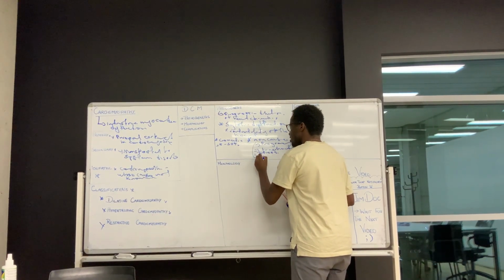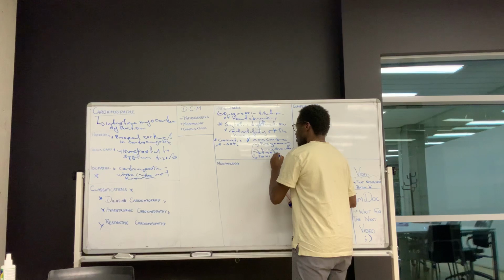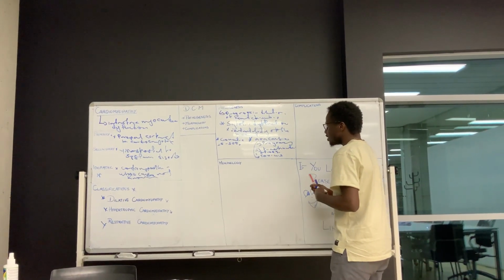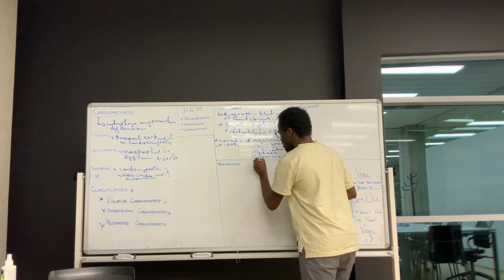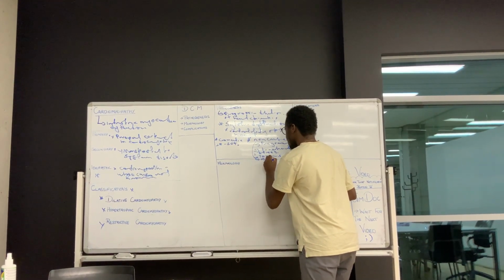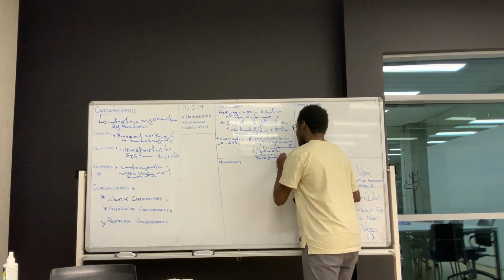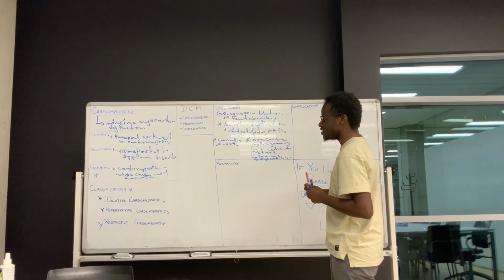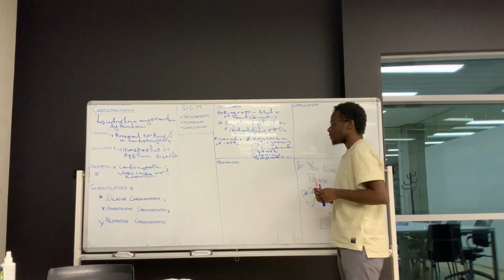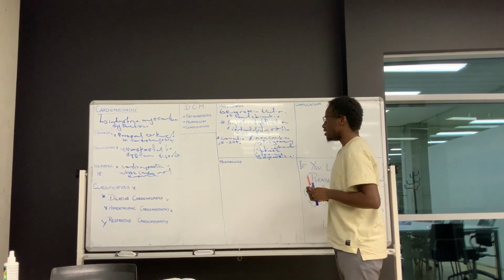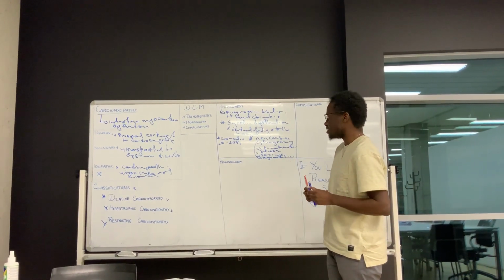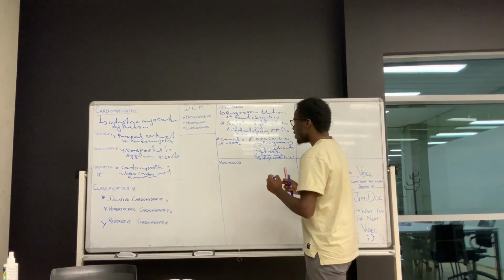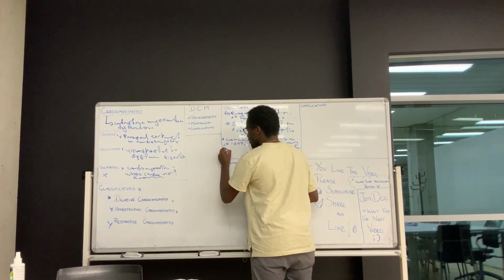We have toxins, and we have many more. We have myocarditis, which is inflammation of the cardiac muscles, but we shall see it in our later video about rheumatic fever and stuff like that. Okay, so genetic causes, we also have a few. I will mention them briefly.